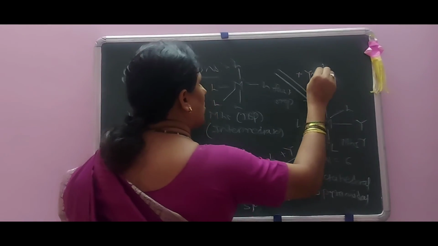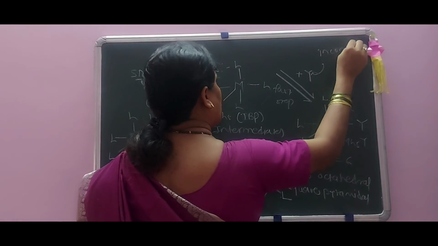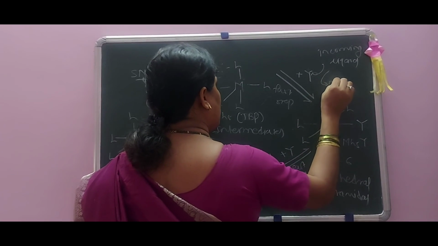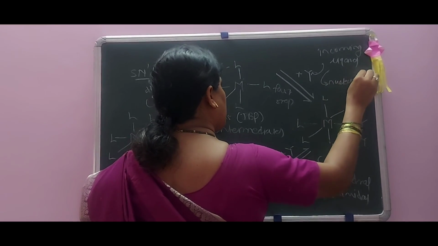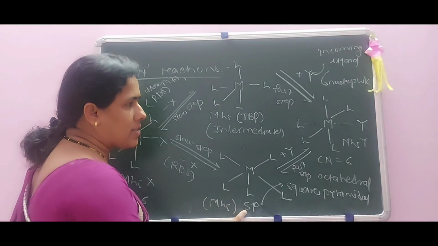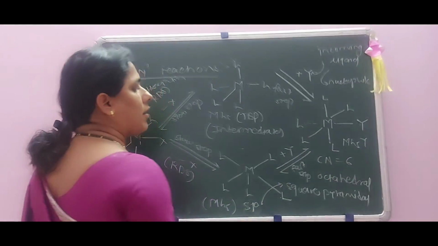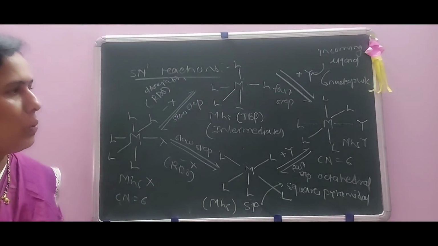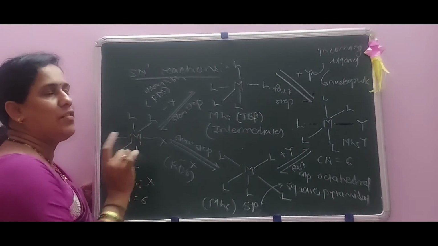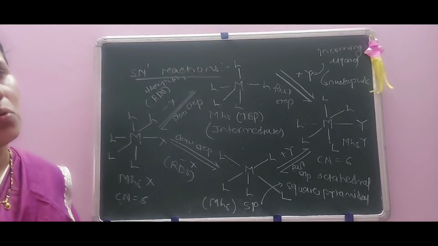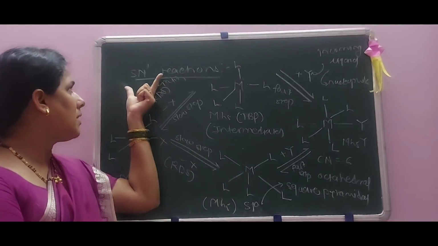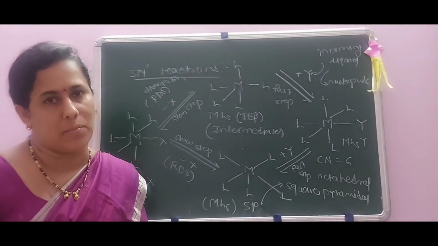This is called the incoming ligand, or nucleophile, which attacks this complex, and thus there is the formation of a stable octahedral complex ML5Y. Thus we have explained the SN1 reaction mechanism in detail through a dissociative mechanism. In the next lecture we are going to discuss the second mechanism, the SN2 mechanism. Okay, thank you.